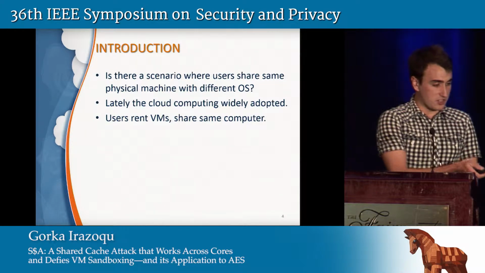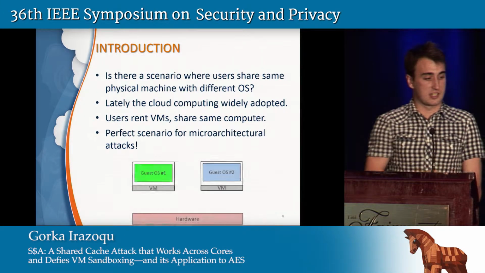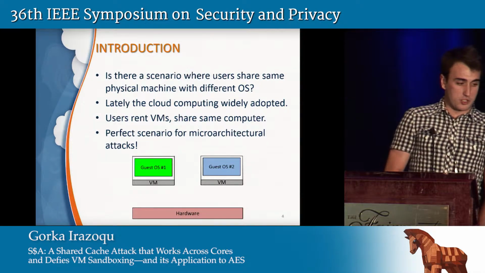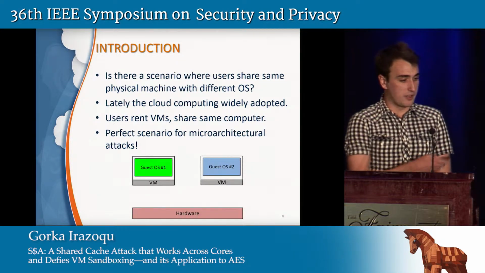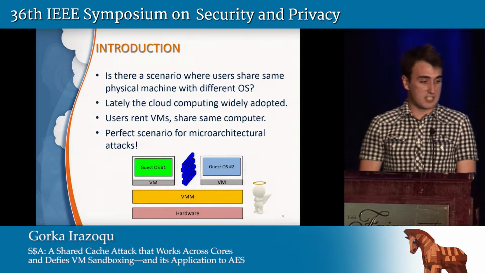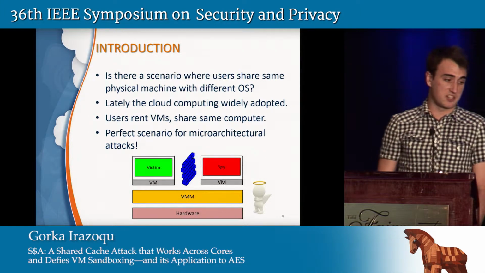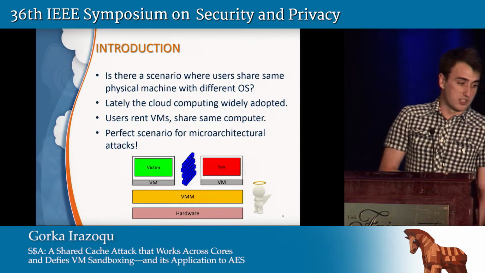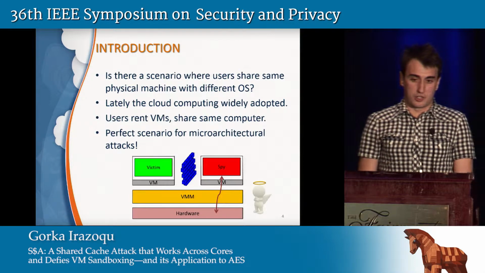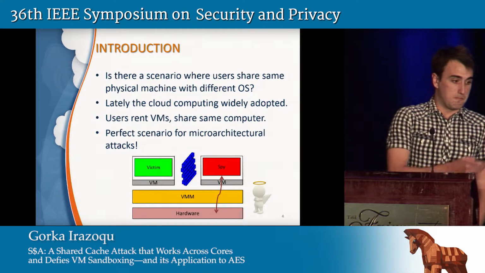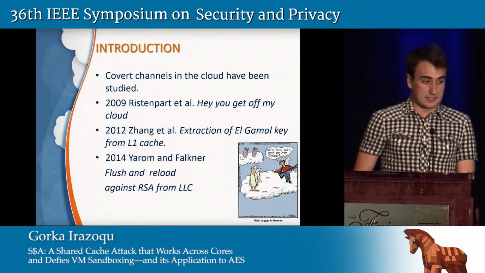This means that we can go from this scenario, for example, where we have two VMs that are executing processes on the same hardware, isolated by a VMM. This looks very nice, but it can turn into this scenario where one of them is a victim and the other one is a spy process, and the spy process is monitoring the hardware so that it can extract information from the victim. And indeed, this kind of attack has also been studied.